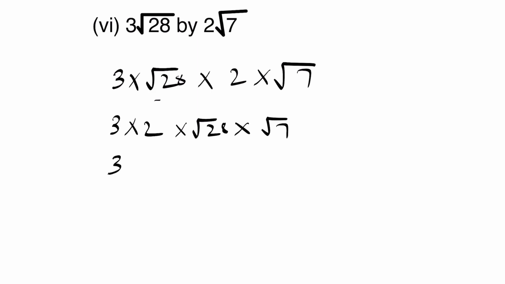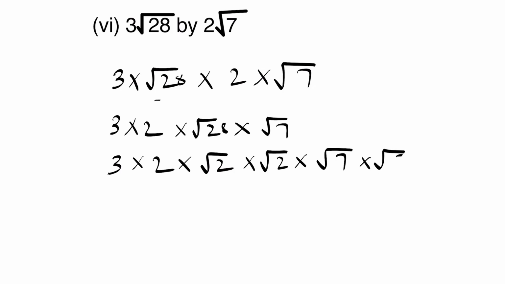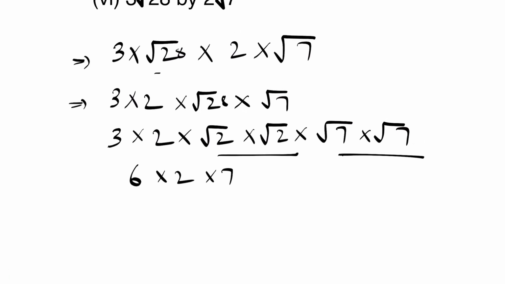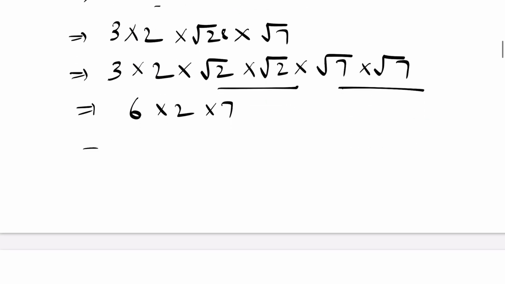Now we can write 28 as 3 into 2 into root 2 into root 2 into root 7 into root 7. So this will become 6, now this will become 2 and this will become 7. So 6 2 is 12, 12 7 is 84, answer.